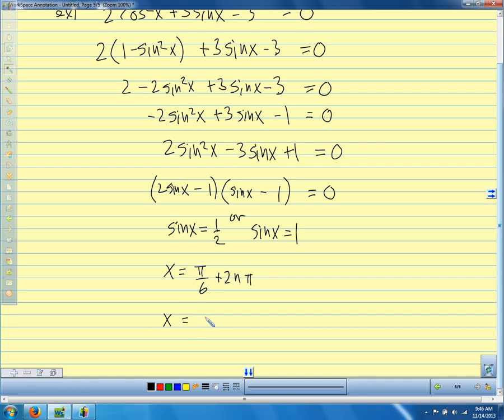So x equals 5 pi over 6 would give us a positive y component of 1/2, plus 2n pi. And where is the sine of our angle equal to 1? Pi over 2. So we end up with 3 solutions here: pi over 6, 5 pi over 6, and pi over 2.